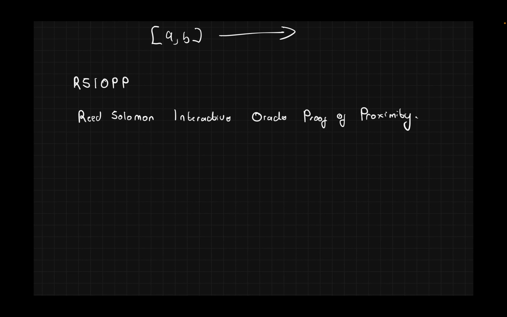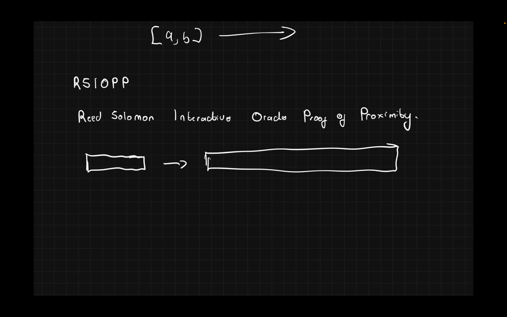Okay? So proximity is talking about distance. They are trying to prove that the code word that you have, so you started with values in a polynomial, and you converted it to a code word that is longer, right?